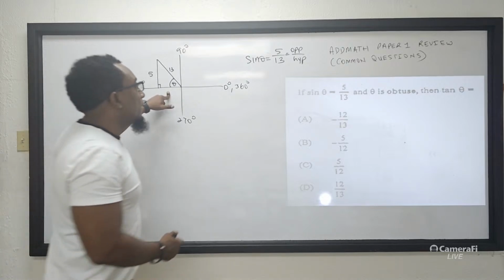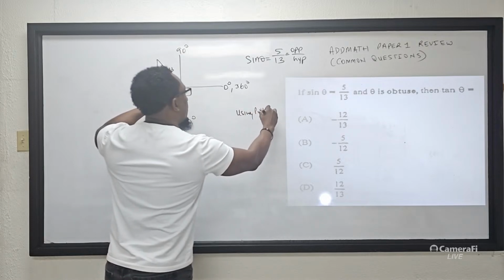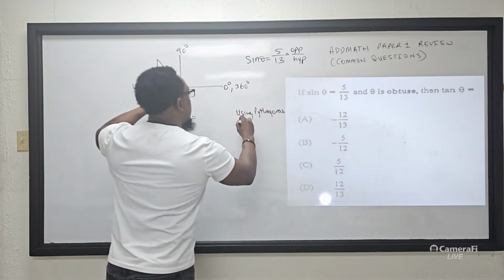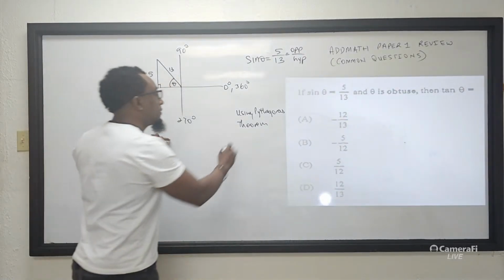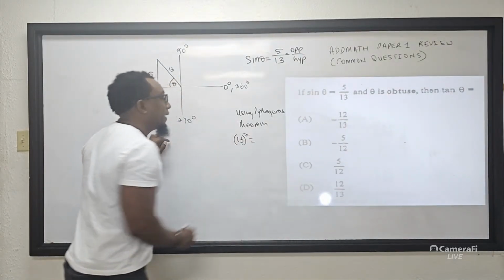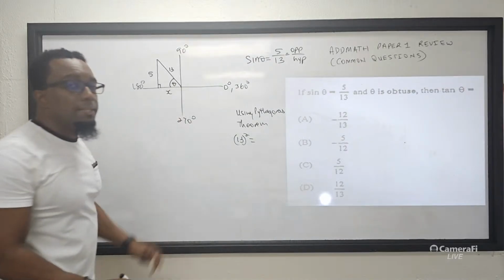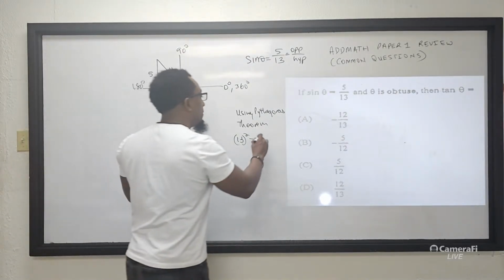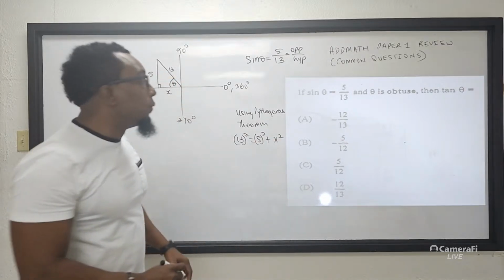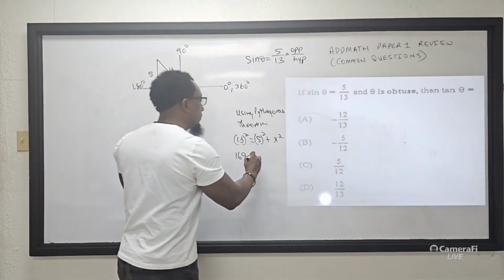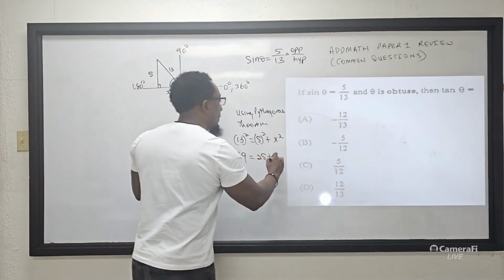So, using Pythagoras theorem, we know Pythagoras theorem is what? We always start with the hypotenuse squared, which is what? 13 in bracket squared is equal to the sum of the squares of the other two sides. I want to find that side x. So it's going to be 5 in bracket squared plus x squared. 13 squared will be 169. 5 squared is 25 plus x squared.